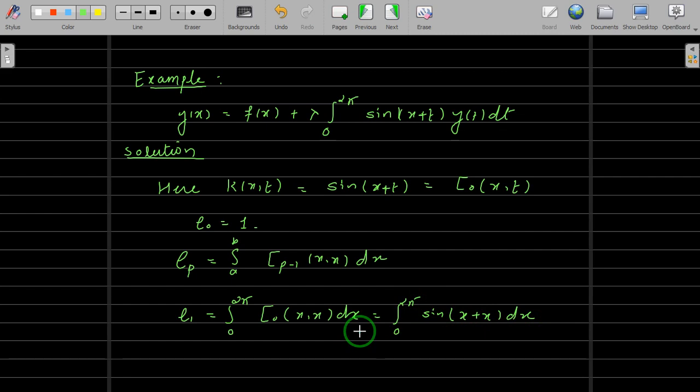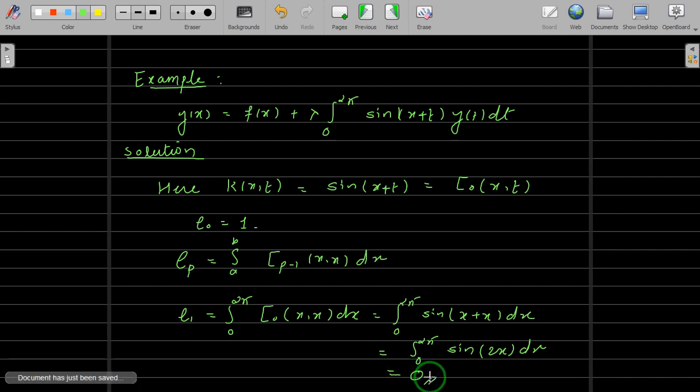This becomes the integral from 0 to 2 pi of sin of 2x dx, and when you evaluate this integral you will get 0.